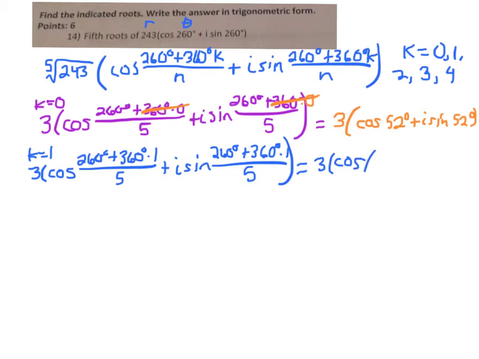So 3 times cosine of 124 plus i sine 124.